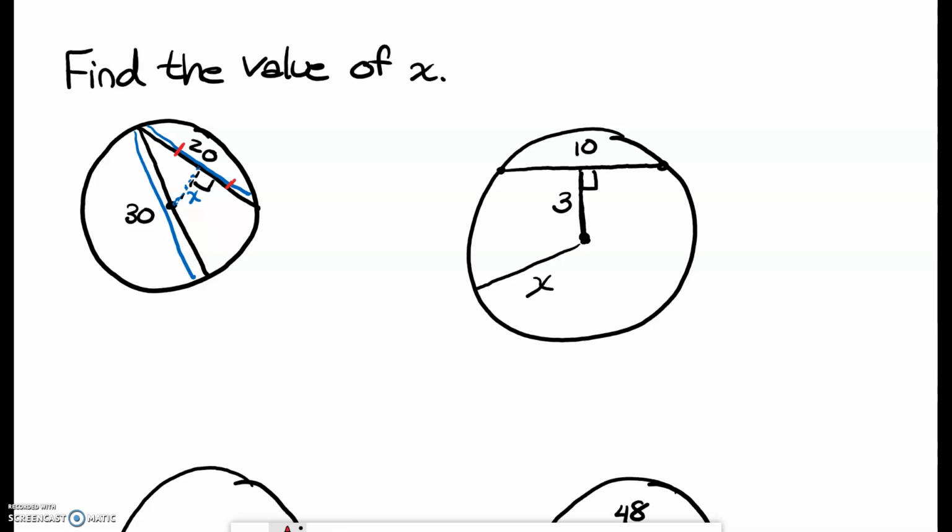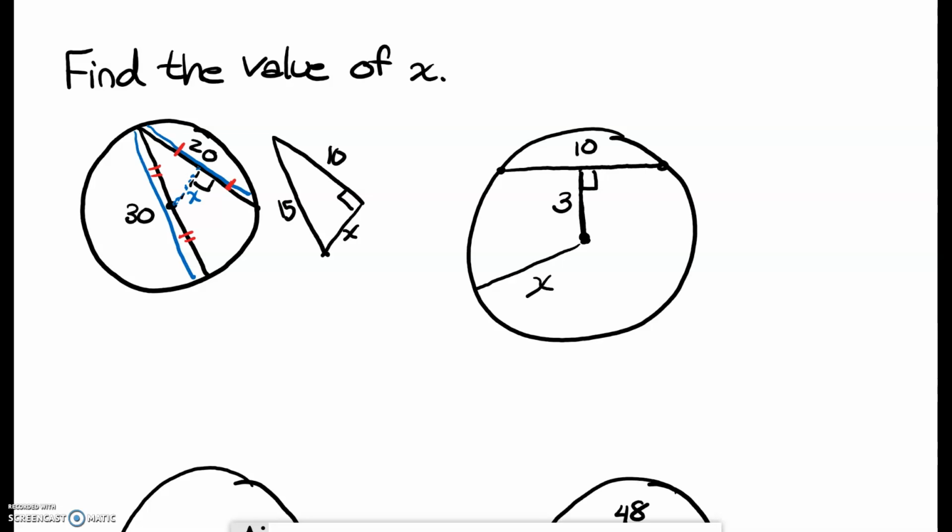So this to this is equal. I know that this is my diameter, so half of it is equal to the other half. So when I draw this separate triangle here, I get a triangle that looks like this. This is going to be 10 and this is going to be 15 because those distances are halved.